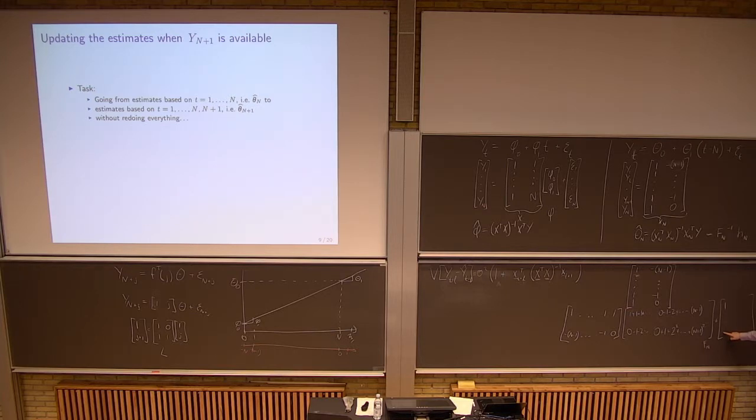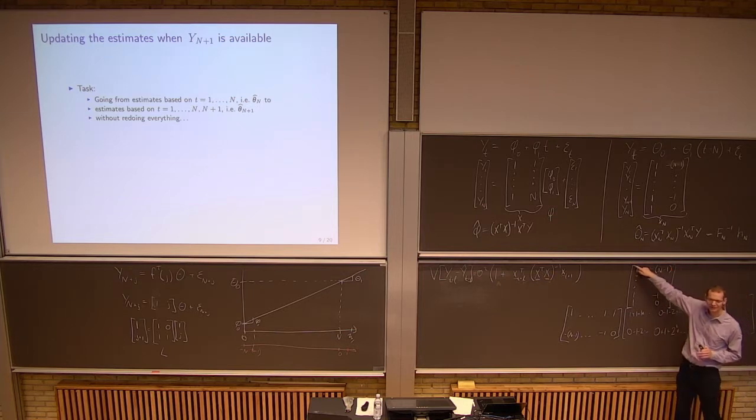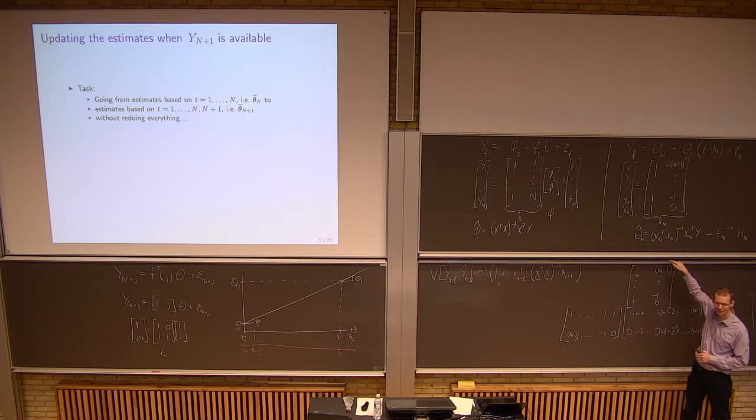Not a 0. A -1. This is the tricky part. I understand what you think of is that I just have to do this first row here. But the trick is, yes, but I already had this. What I actually need is to have, I get one more older observation involved.